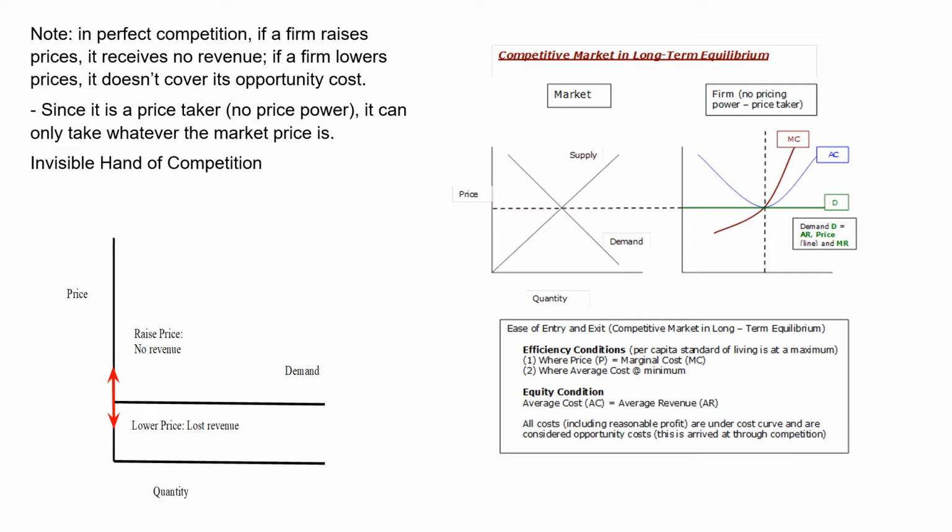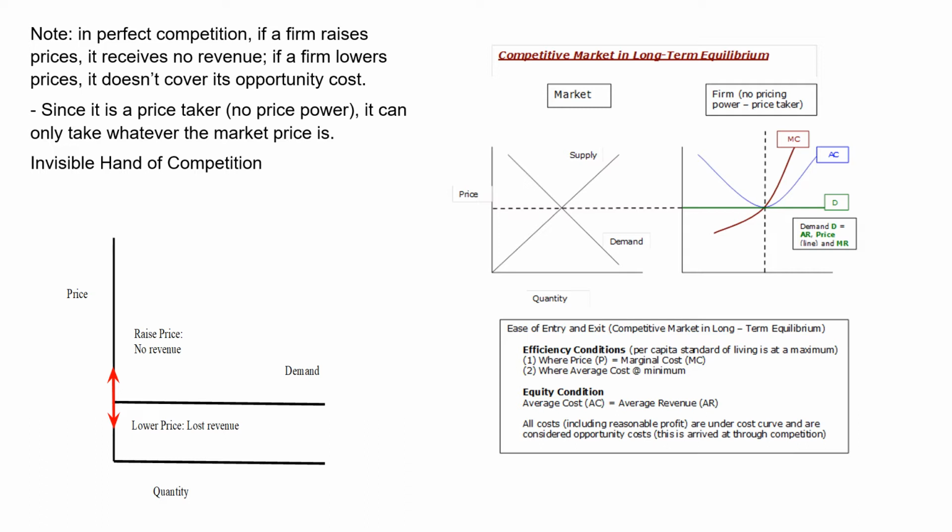If you want to sell it for a higher price, the granary will not purchase it. They just wouldn't do it, because the price is what the price is, and that's all there is to it. However, if you were to sell it for a lower price, the granary would of course buy it. But what are you not doing? You're not covering your opportunity cost. You're not covering your cost to do business, really, is what it comes down to.